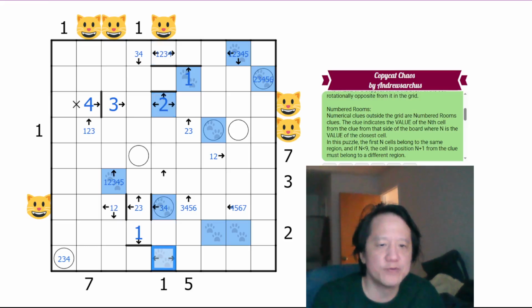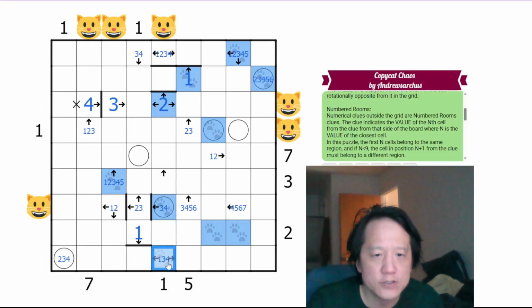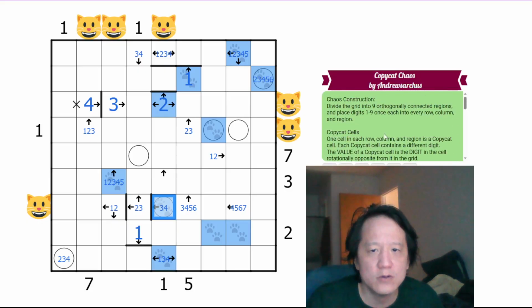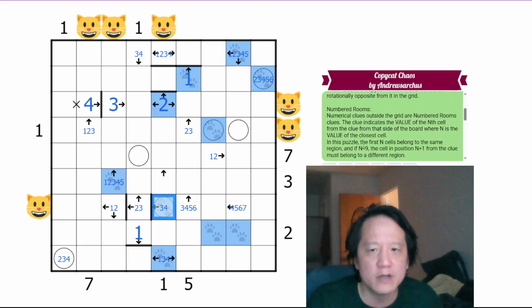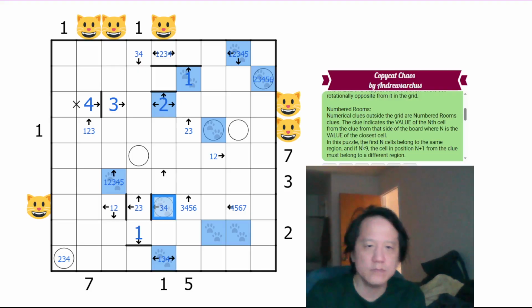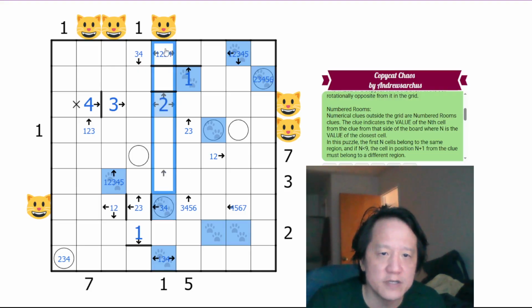This sees 1 through 4, and it's not a copycat. So we have 1, 3, or 4 here. Which means one of the... Okay, so it cannot be 3, because then that would say that the value of the third cell would be 1. Oh, this has to see greater than this.